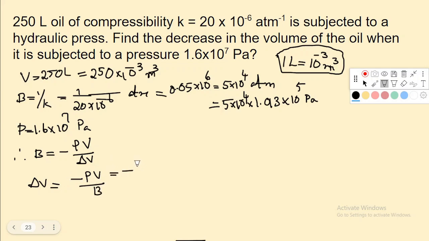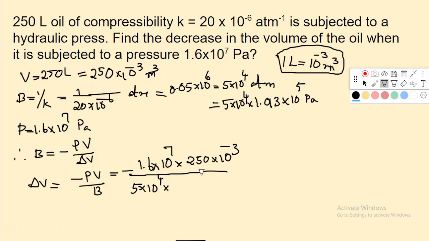P is 1.6 into 10 raised to 7 Pascal, and volume, that we have converted, is 250 into 10 raised to negative 3, and the value of B is equal to 5 into 10 raised to 4 into 1.013 into 10 raised to 5.